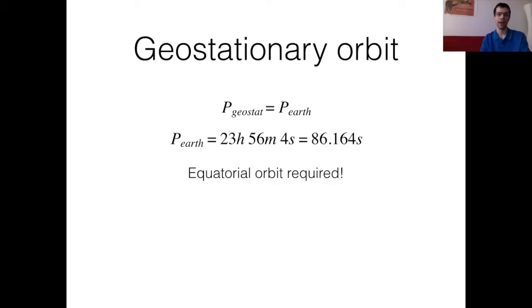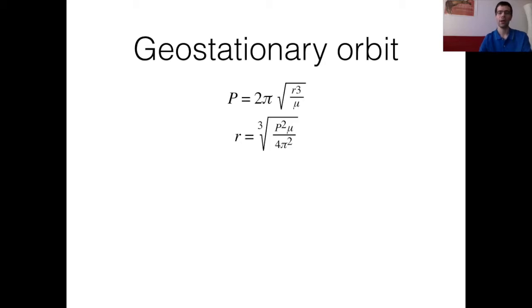Additionally, an equatorial orbit is required, because as soon as we have an inclination to the equator of our Earth, we will start to shift our position a little bit and we are not constantly above the exact same position.